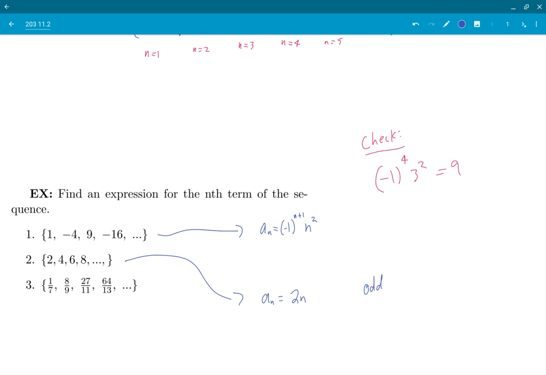So odd. Maybe in a thought bubble here, I'll say the odds would be 2n plus 1 or 2n minus 1, depending on where you're starting.